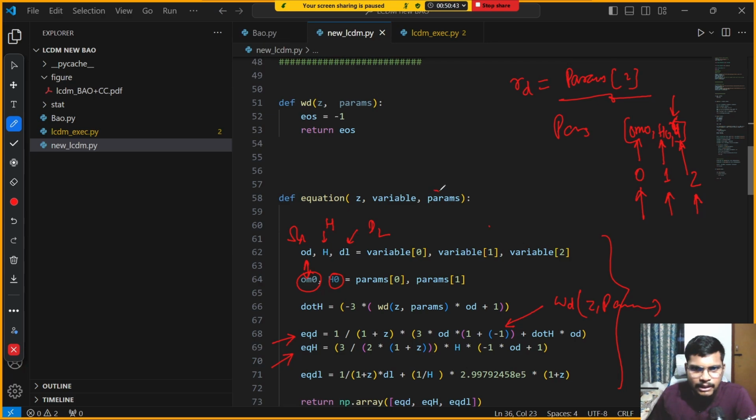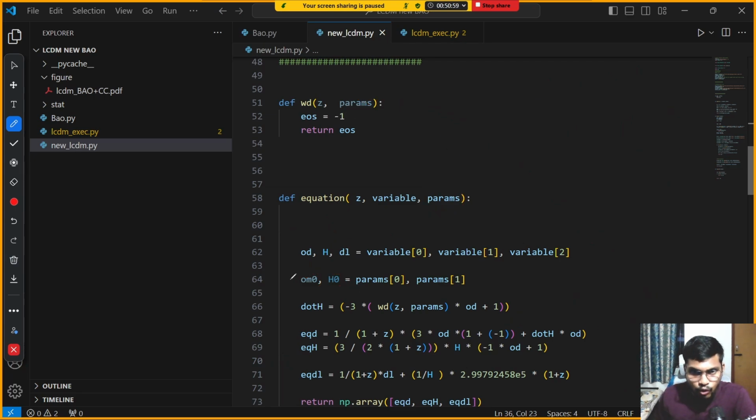You can see that whatever params I have written over here, you have to just write this params over here, right? You don't have to do anything, because it will go this side, and if your EOS is different from -1, it will automatically take it that, okay, fine, something is there. You don't have to do anything. Or if you don't know what I mean, you can see my other video, and you can exactly know what I am implying.